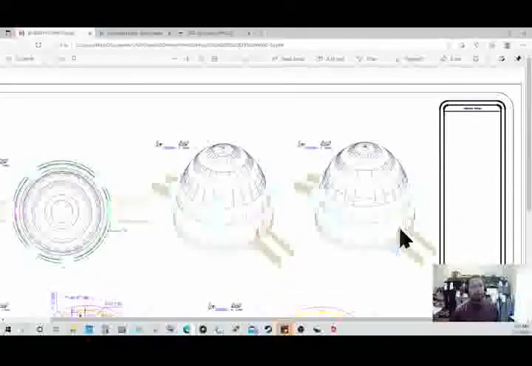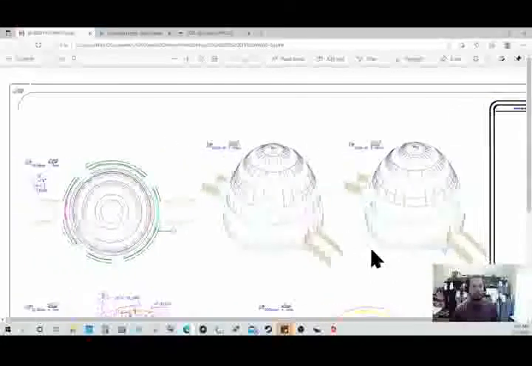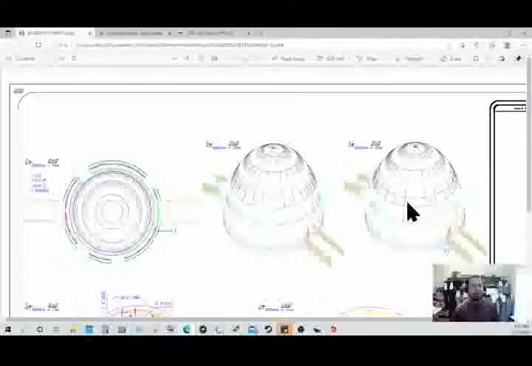And these views here are just for reference, so you can catch a glimpse, an idea of what the structure would look like. This, of course, is showing the paneling.